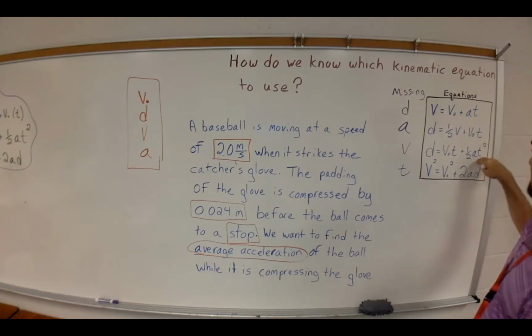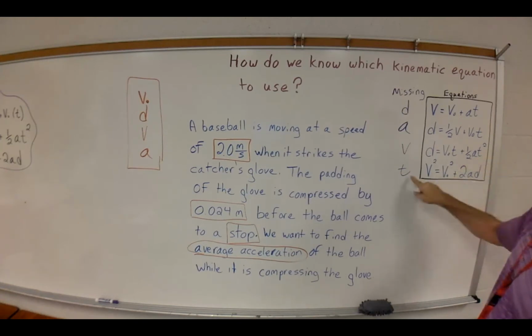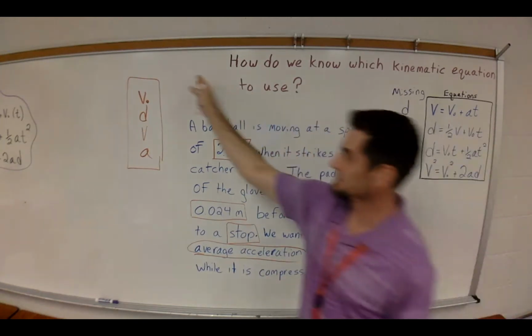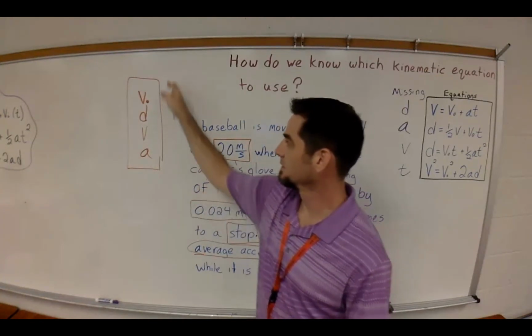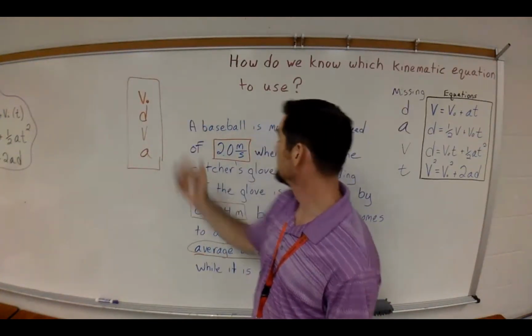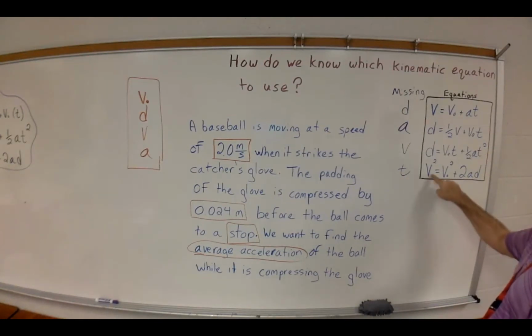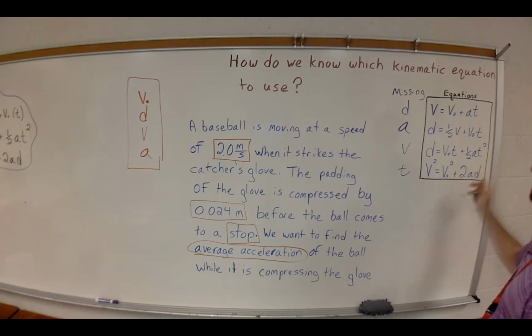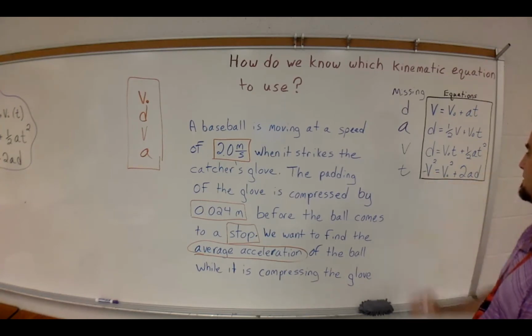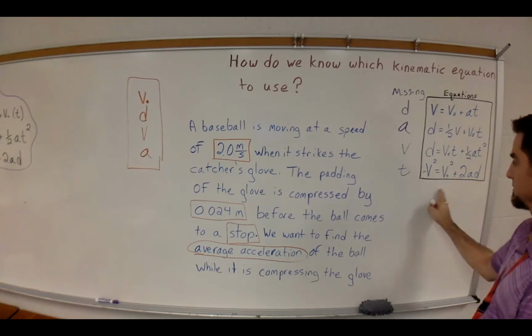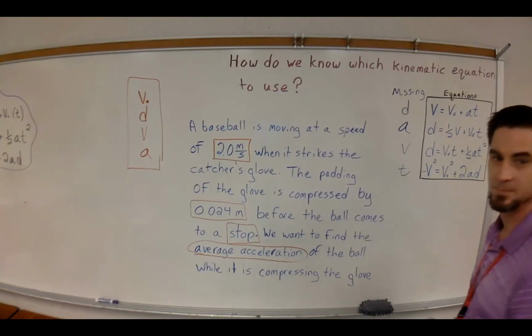And this one has time, so it's not that one. Remember, we figured out the 4 variables that were in there. What is it missing? It's missing time. It does have final velocity, initial velocity, acceleration, and distance. So this is the equation that we need to use if we want to answer this question.